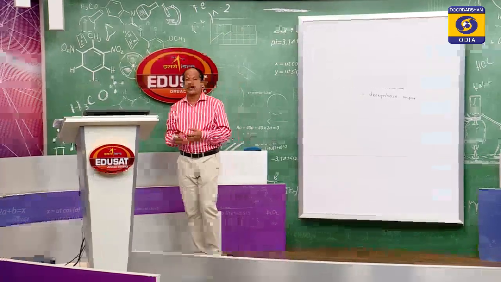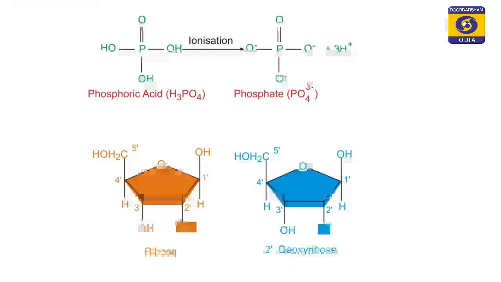Let us look at the slide. We know from the first year course that any nucleotide consists of 3 kinds of small molecules. One is phosphoric acid. This phosphoric acid, H3PO4, at physiological pH, that means between 7 and 7.4, ionizes to form phosphate.